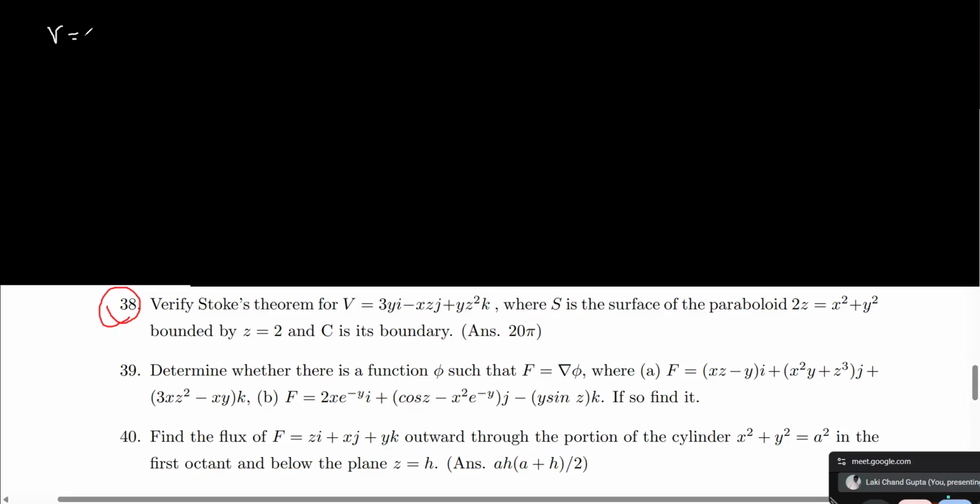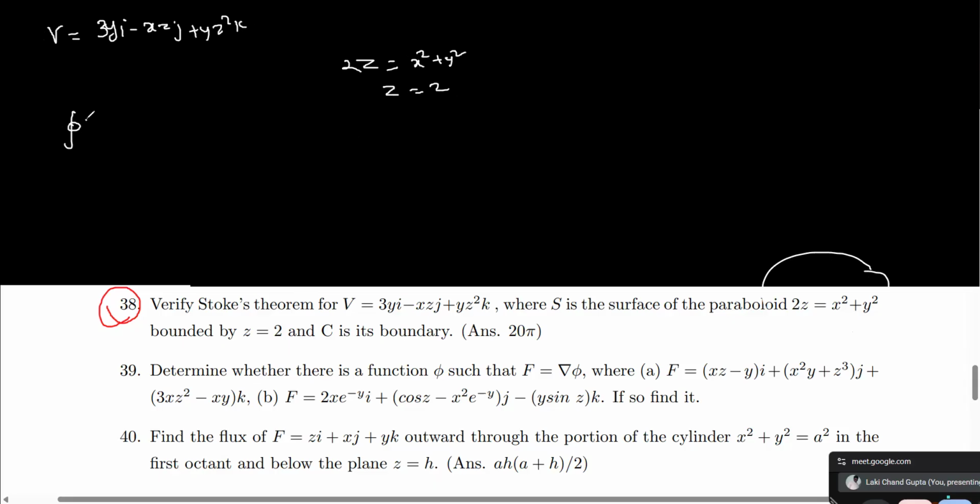You are given V equal to 3iy minus xzj plus yz square k, where the surface is a paraboloid 2z equals x square plus y square, bounded by z equal to 2, and C is its boundary. Okay. So you know what Stokes theorem is?